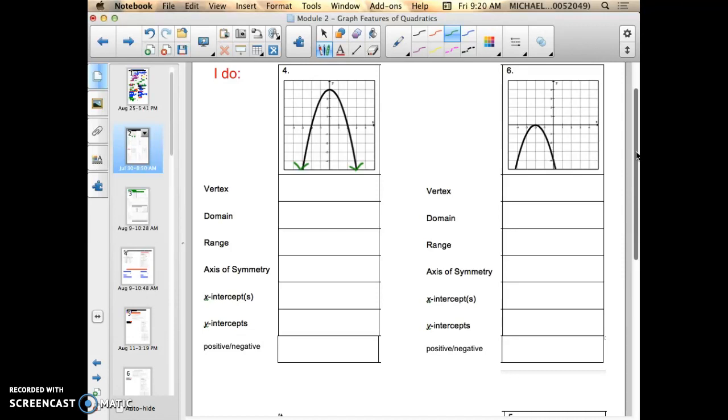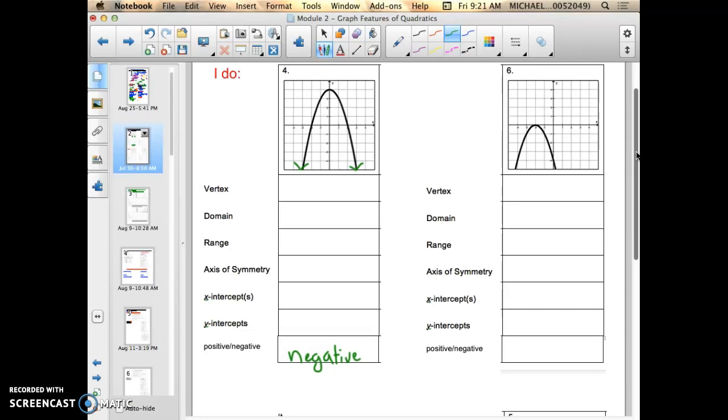And I said that negative people make frowny faces, and so frowny faces open down. And so this parabola is negative because it opens down. And negative people are unhappy and they make frowny faces. All right, so just by looking at it, I can tell whether or not it opens up or down.